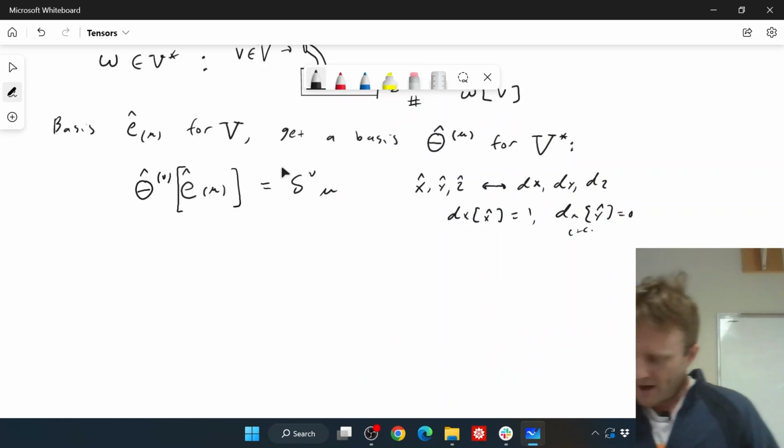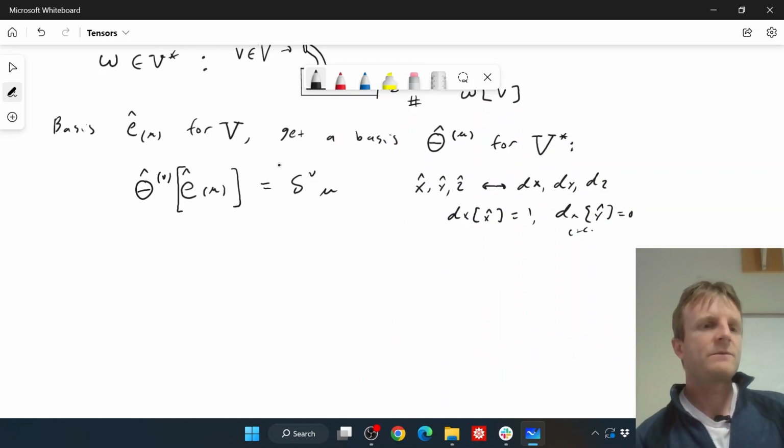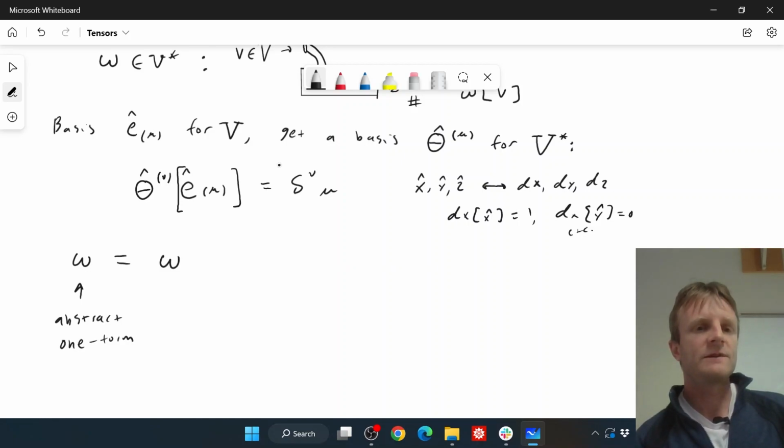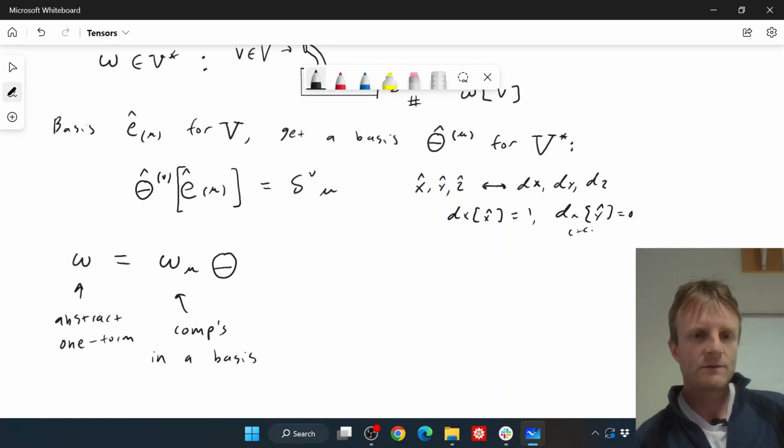Okay. So now we can do the same thing. We can say some abstract dual vector, or abstract one form omega can be resolved into its components in a basis and its basis one forms.